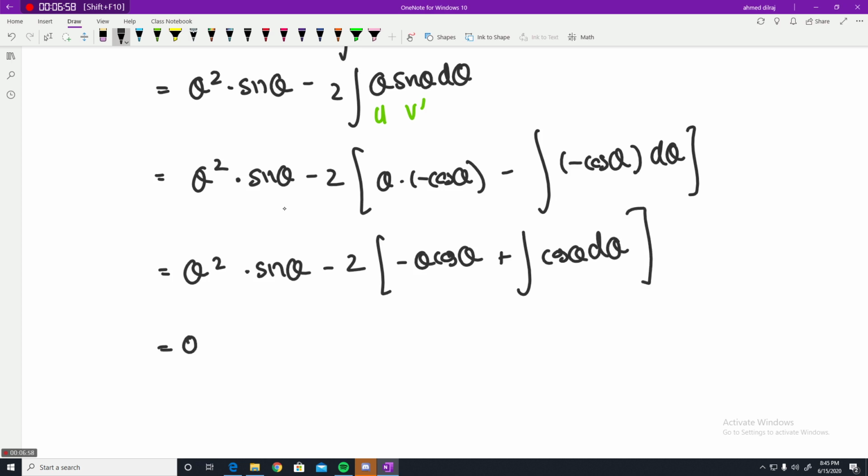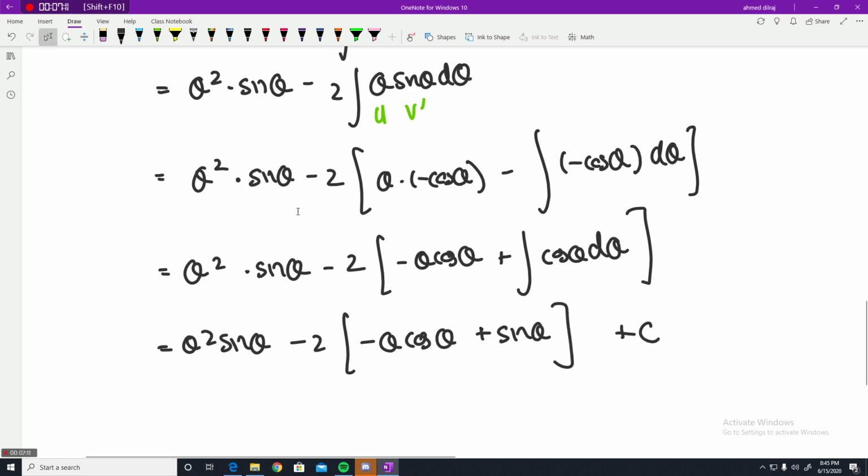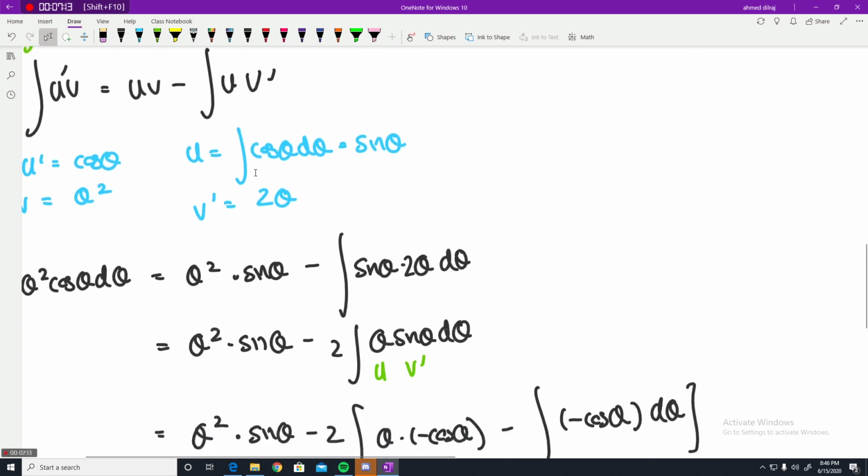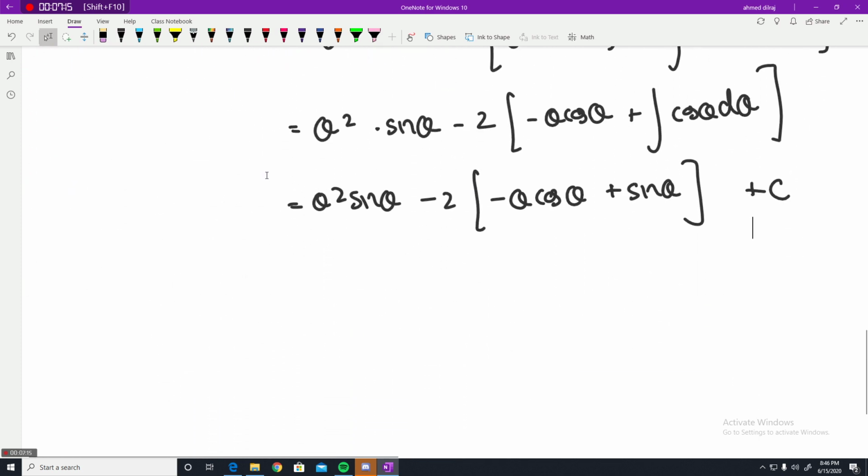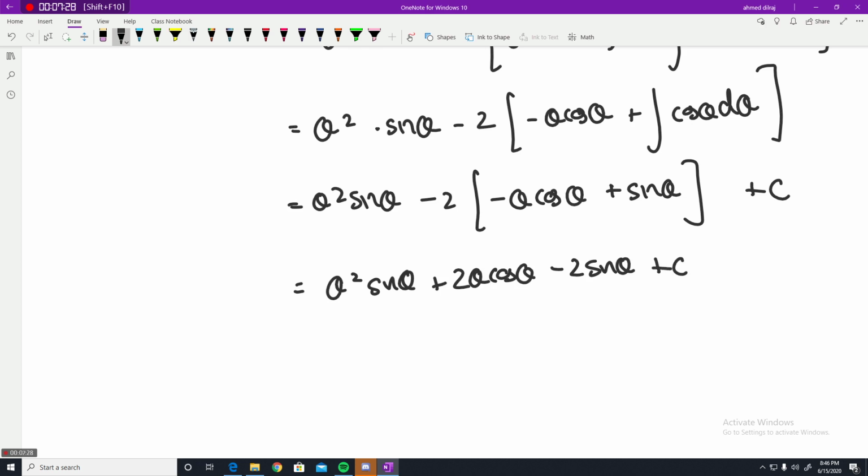And at this point we have theta squared sine theta minus 2 times the integral of minus theta cos theta, and then the integral of cos theta is sine theta, so plus sine theta, and now we can just add our plus c at the end. Technically, we should be adding multiple plus c's, but really it does not matter. So here, theta squared sine theta plus, because minus 2 times minus theta, plus 2 theta cos theta minus 2 sine theta plus c.